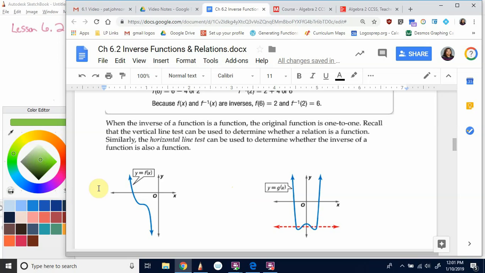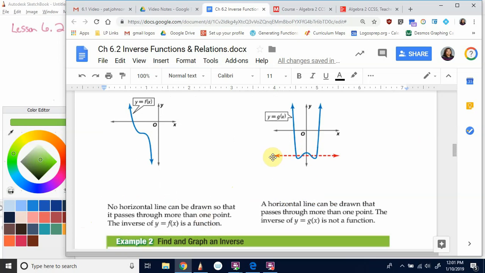If you take the function and do a horizontal line test, and it only goes through once, then its inverse is also a function. So here, no matter where you go, it only goes through once, therefore its inverse is a function. Here, the line passes through more than once, so its inverse will fail the vertical line test. So it is not a function.